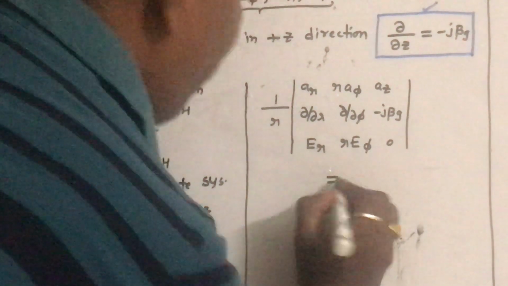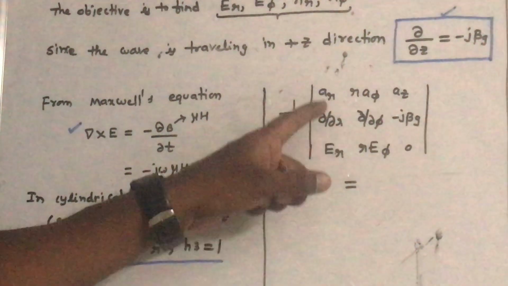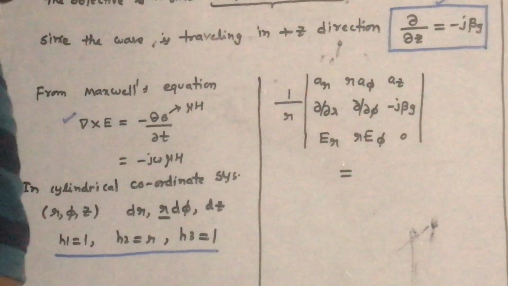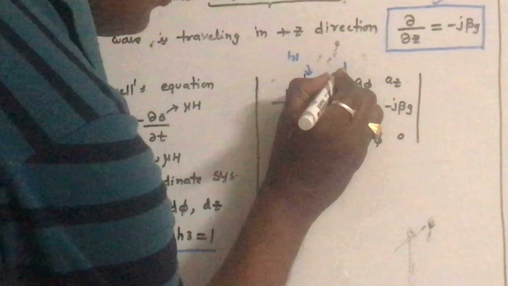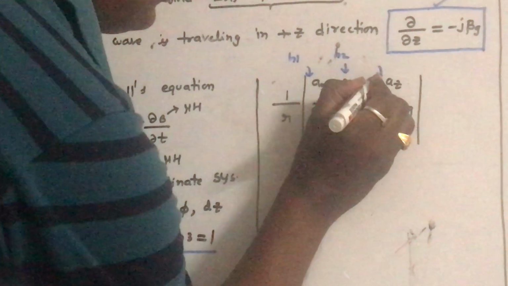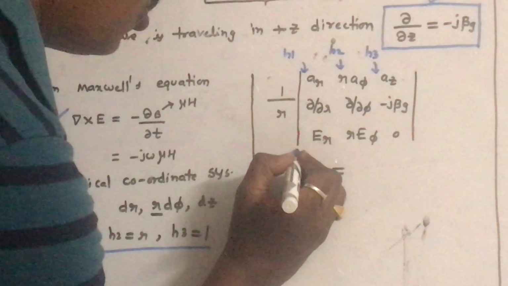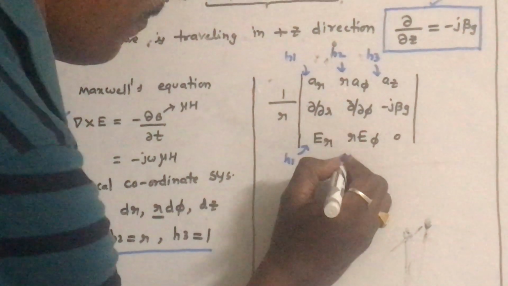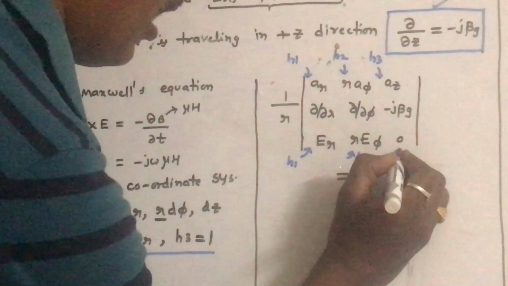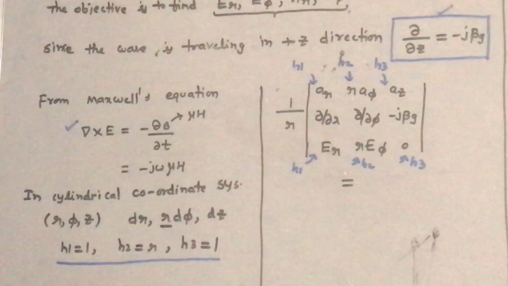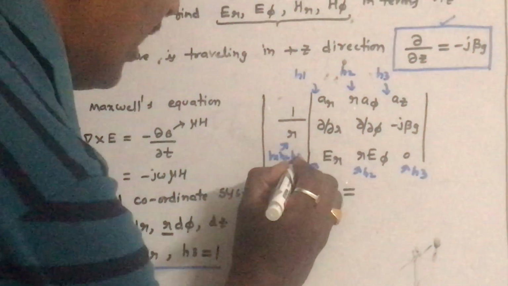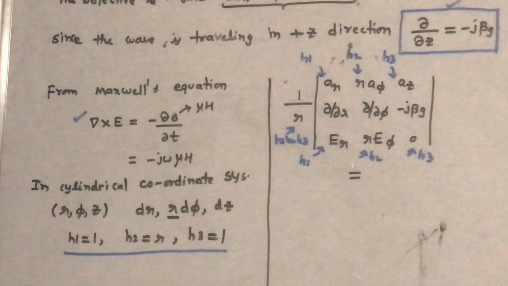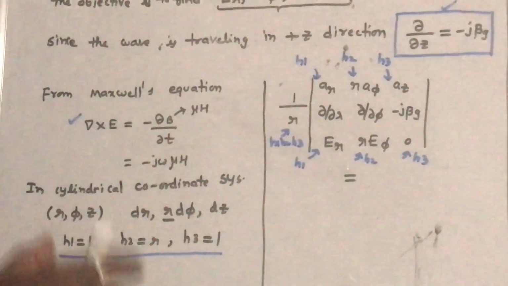So this is the first step, and you have to write it very carefully. We have to multiply the first row and the last row by h1, h2 and h3, with 1 by h1 h2 h3 outside. So this is the generalized expression in the cylindrical coordinate system.